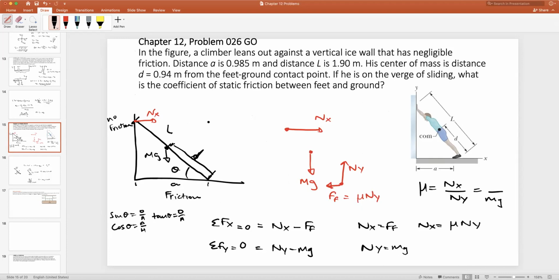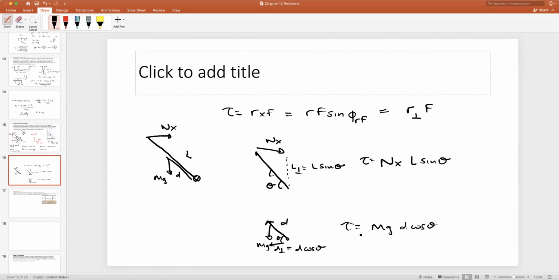Hypotenuse is L. So I have a triangle that looks like this, A and L, and I want to know what theta is. So if cos theta is little a over L, the adjacent over the hypotenuse, then theta is arc cosine of little a over L, okay? So I can find theta. I'm going to assume I know theta now.